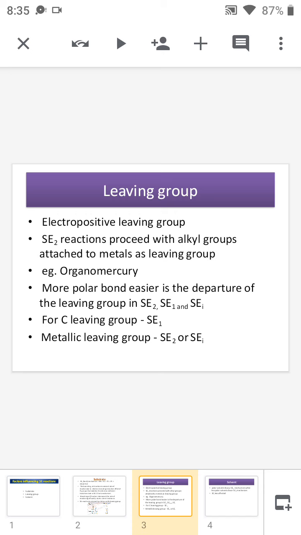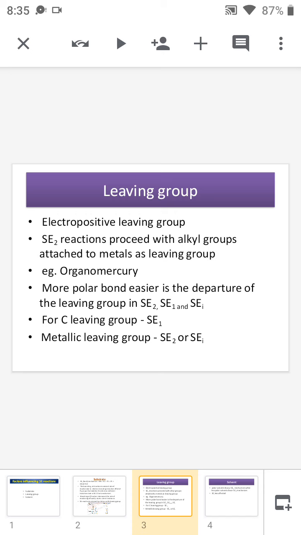So SE2 reaction proceeds with an alkyl group which is attached to a metal as leaving group. Example is organomercury. And for polar bond, as the bond becomes polar, easier is the departure of the leaving group in SE2, SE1 and SEi reaction.